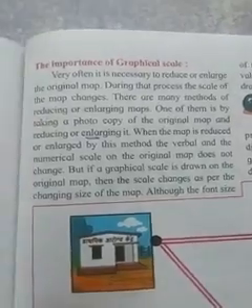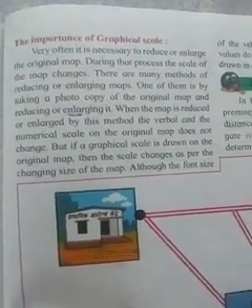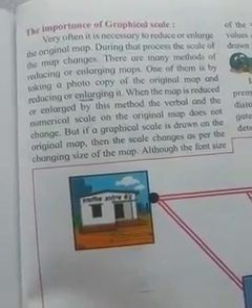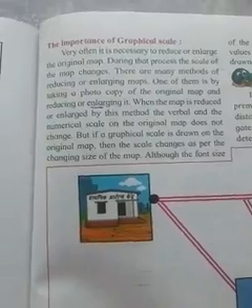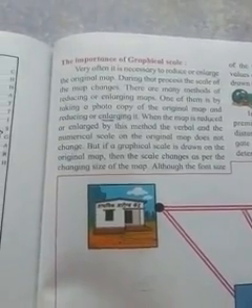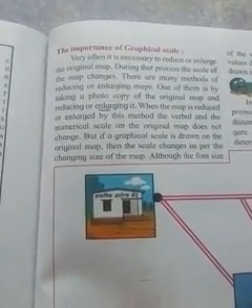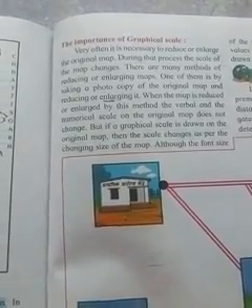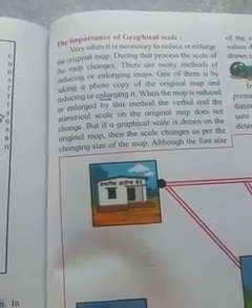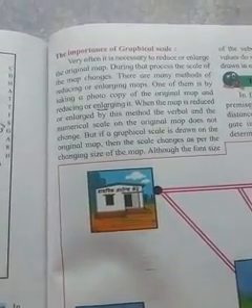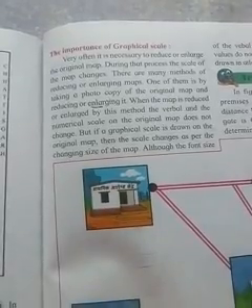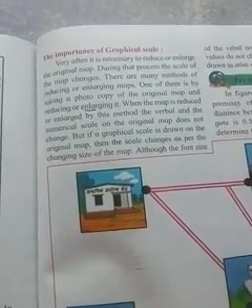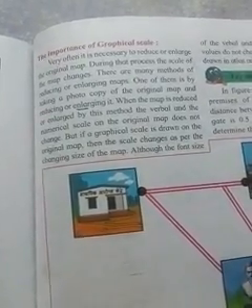That is the importance of a graphical scale. In the graphical scale, very often it is necessary to reduce or enlarge the original map. That means the map is reduced or enlarged.